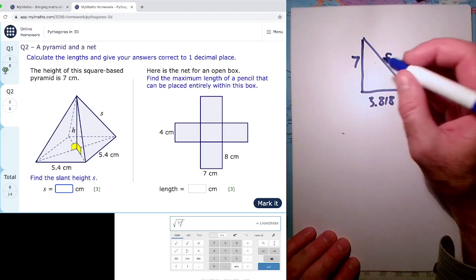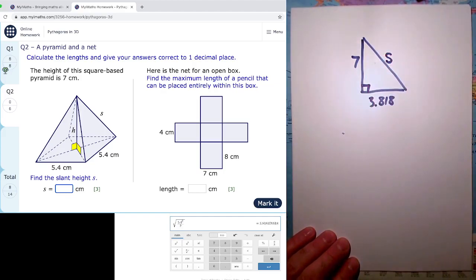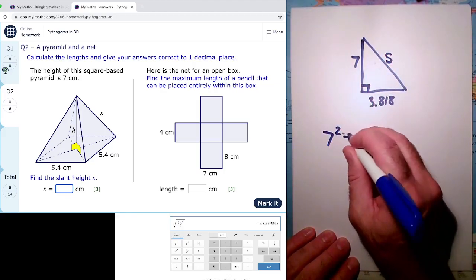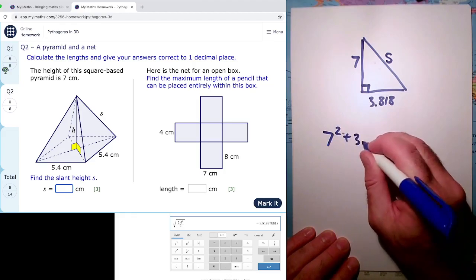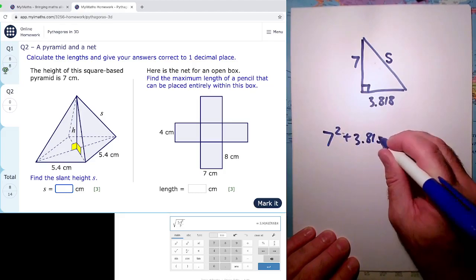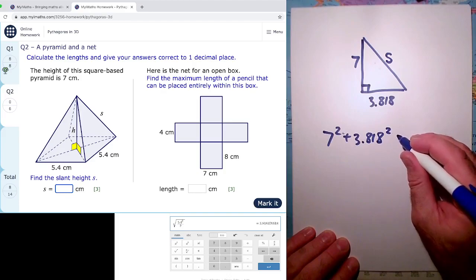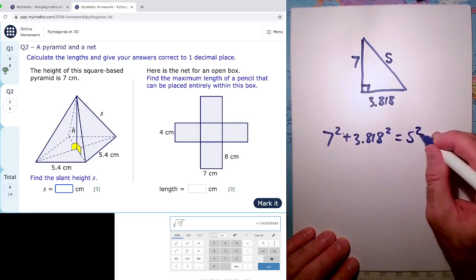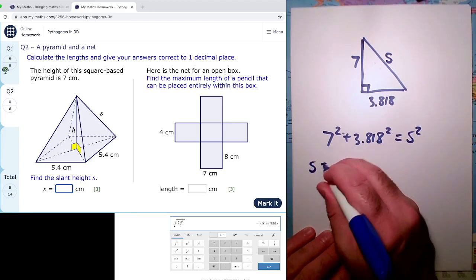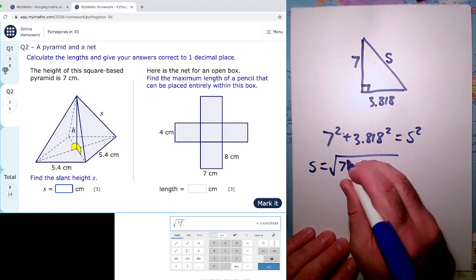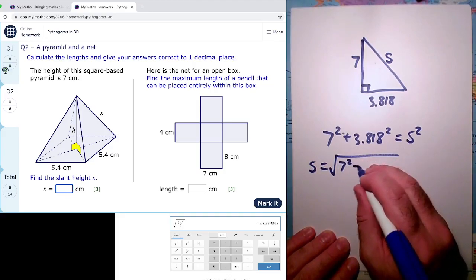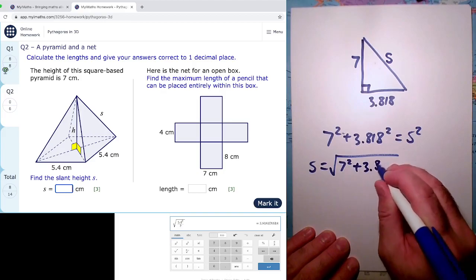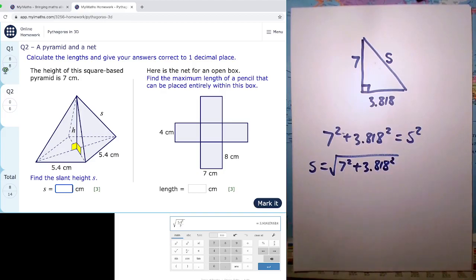So again, that's Pythagoras, that's a right-angled triangle in there, and 7 squared plus the 3.818 squared is going to be equal to s squared. So s is just going to be the square root of the 7 squared plus the 3.818 squared. So let's do that on decimals.